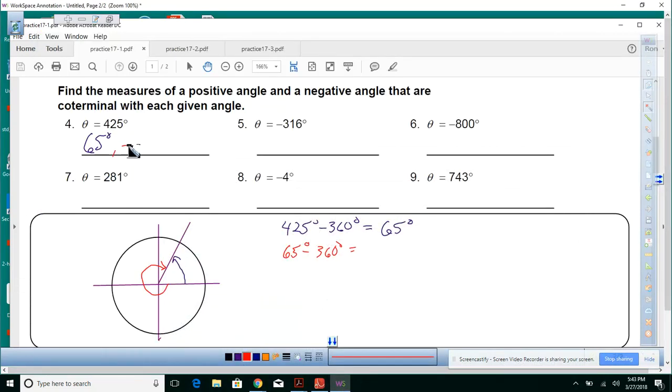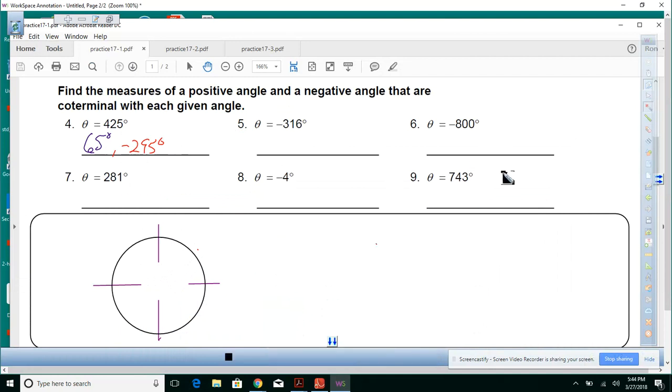So our other angle is negative 295 degrees. All right, that's not bad. And let's clear this up a little bit and see if we can do us another one. All right, clear that up. And let's try number 5. Put my lines back in there.